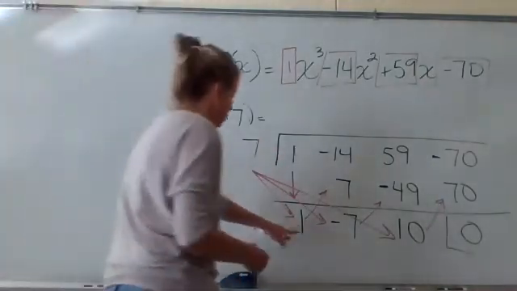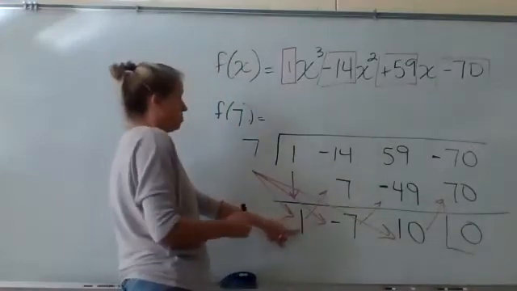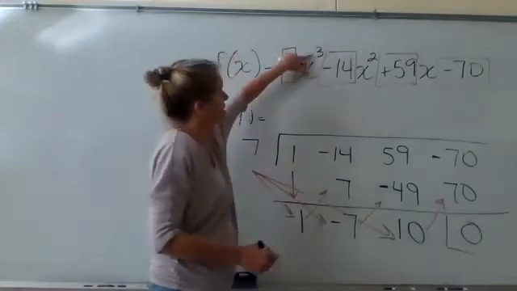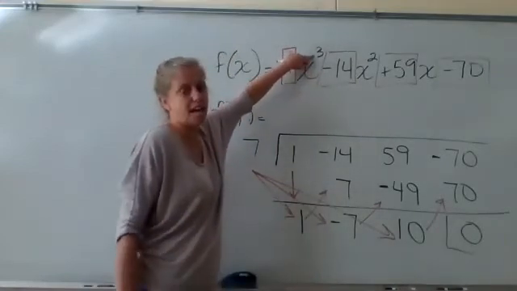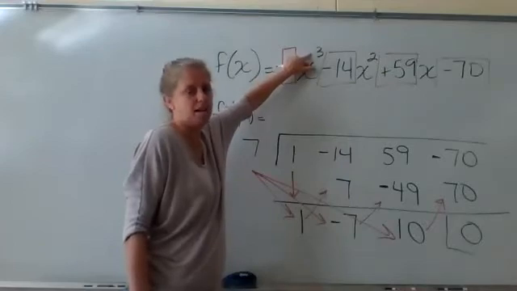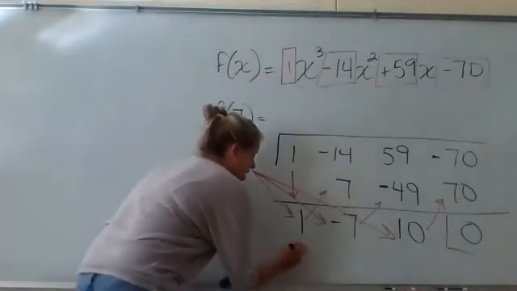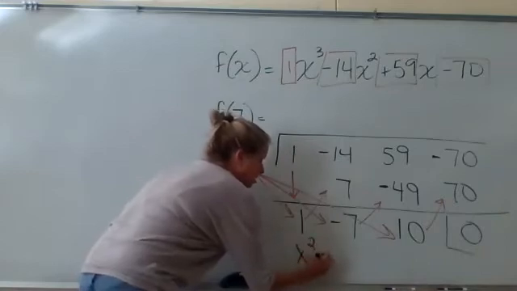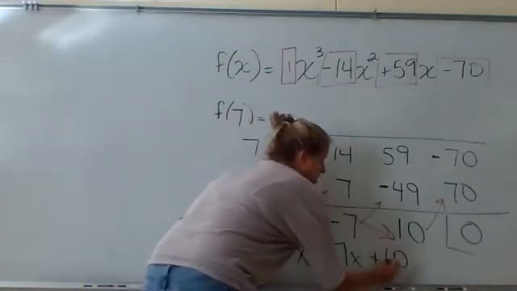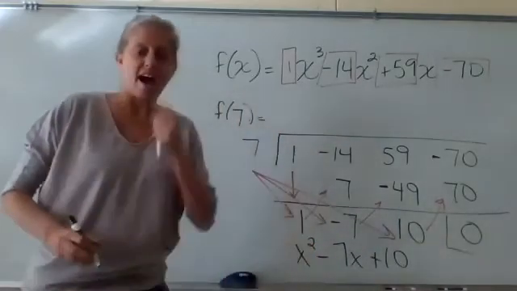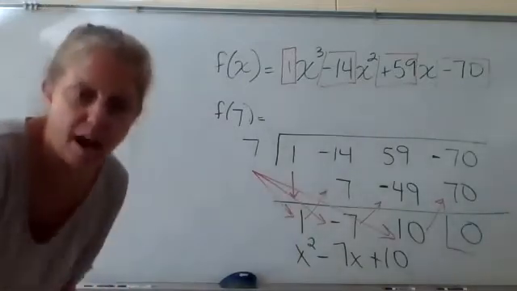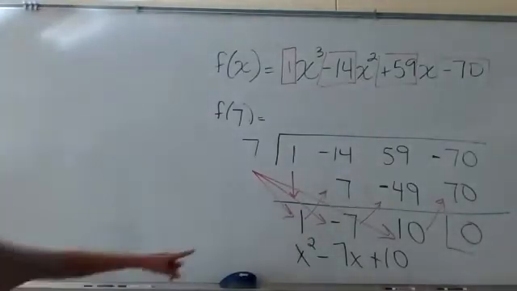The new polynomial starts off with an x that has one less exponent than this. So that would make that x squared, and then go down from there, minus 7x plus 10. That's where you can find the other zeros or the other x-intercepts of this polynomial.